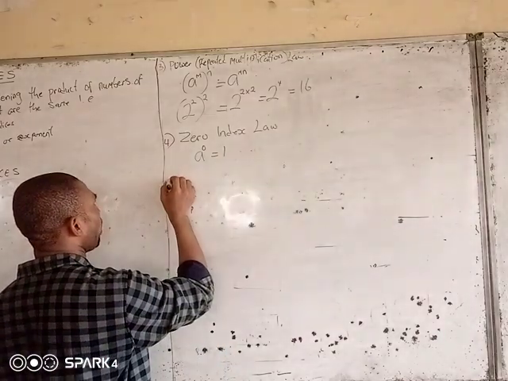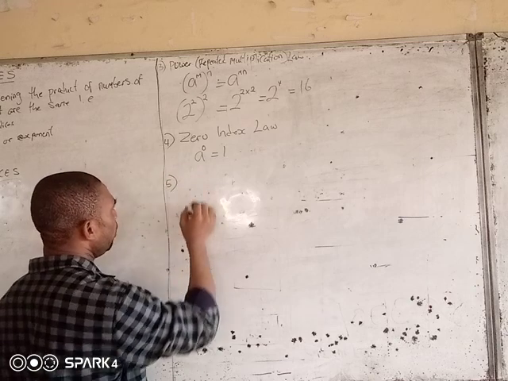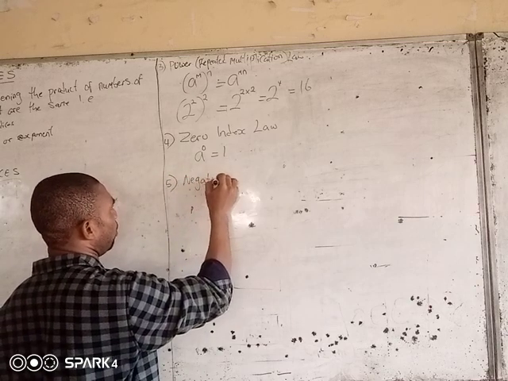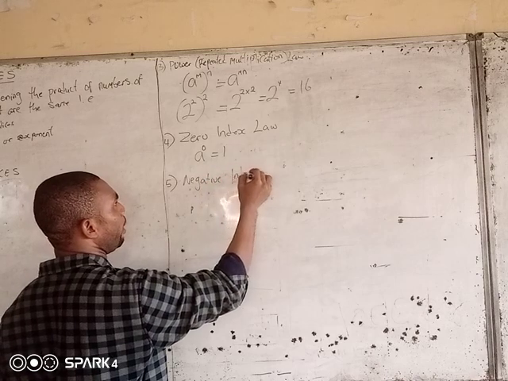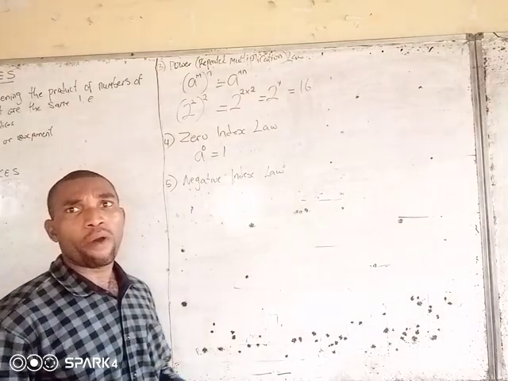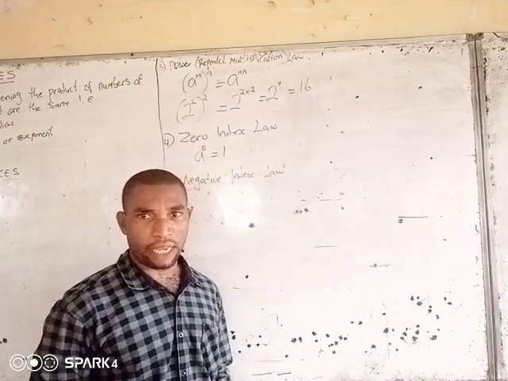Then the next law is what I call the negative index law. From the word negative, it shows that the power has a negative sign.